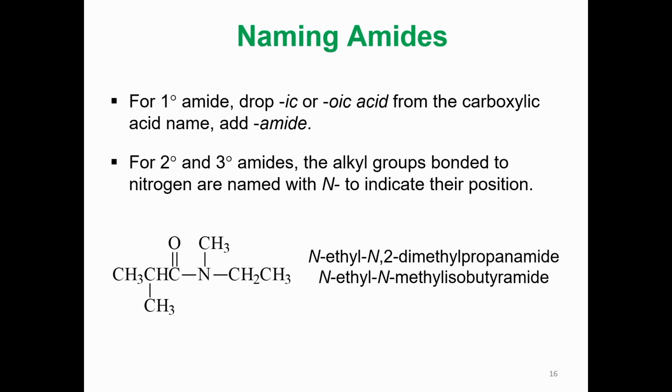Remember, this N is serving as a number, no more as a letter. In naming, number and letter we separate with hyphen. That's why we put N hyphen. When number and number come together, they are separated with comma. That's why we say N,2-dimethylpropanamide.